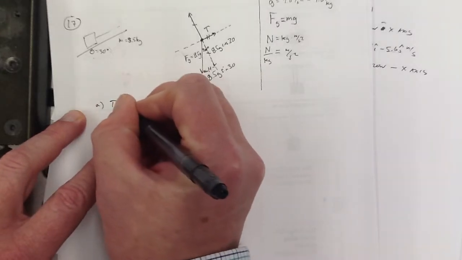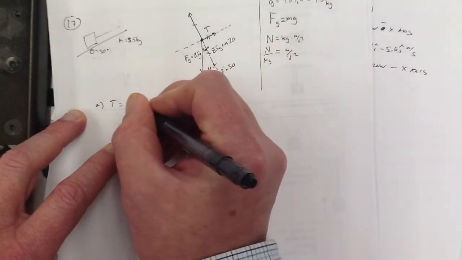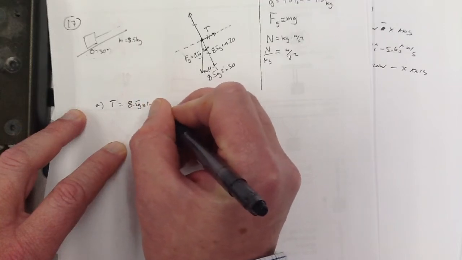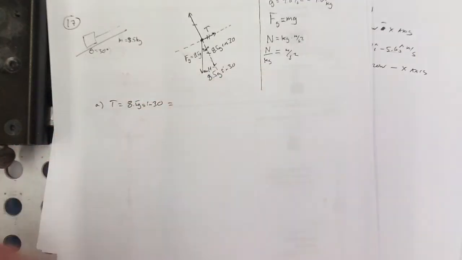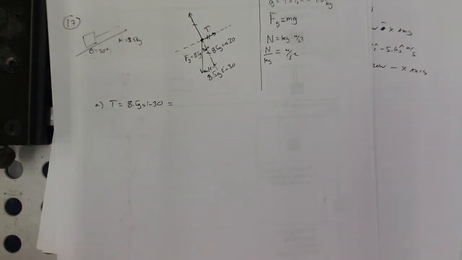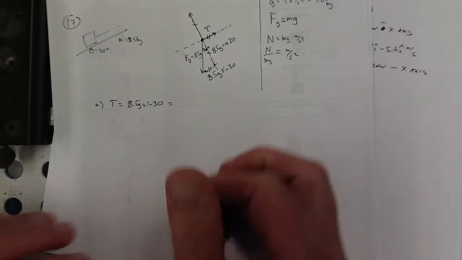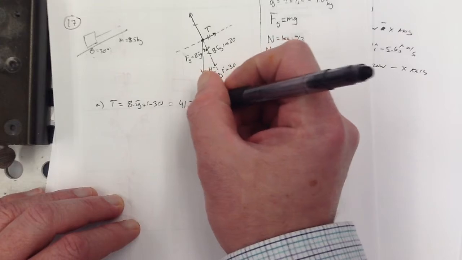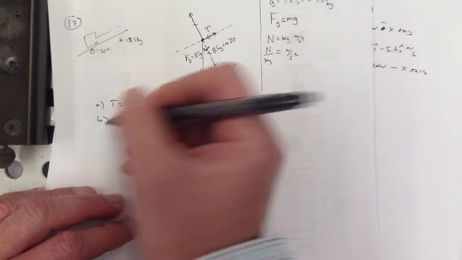So that tension force must be balancing the 8.5 g sine of 30, which is 8.5 times 9.8 times the sine of 30. That's about 41.7 newtons.